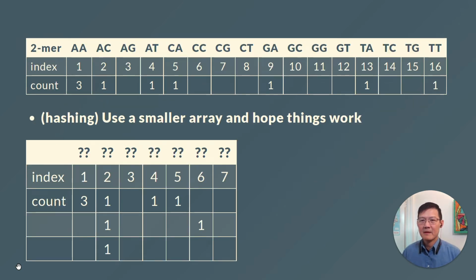So I've just copied that count in that first picture there, and the key idea of hashing is to just use a smaller array and hope that things work out. I've chosen this smaller array in a very special way. My original array was length 4 to the 2, 4 squared, so length 16, and I've just chosen a smaller array of length 7.